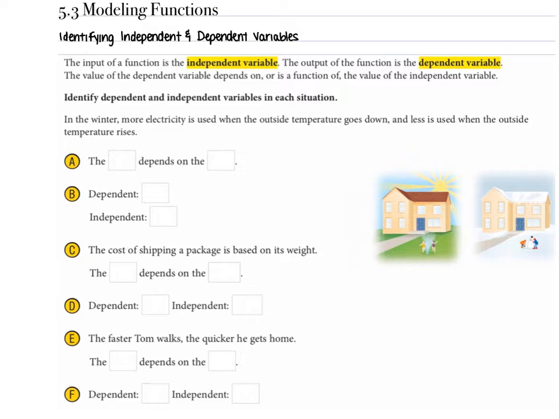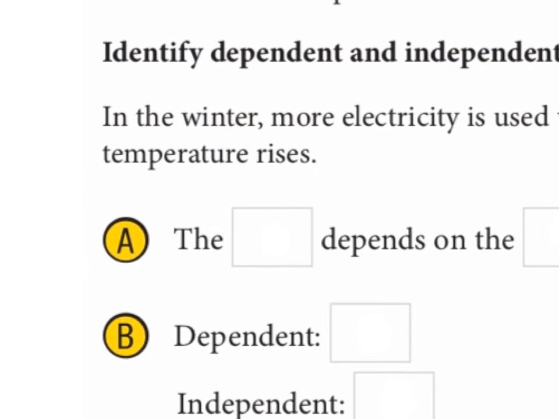It says to us that in the winter, more electricity is used when the outside temperature goes down and less is used when the outside temperature rises. So your amount of electricity depends on the temperature.